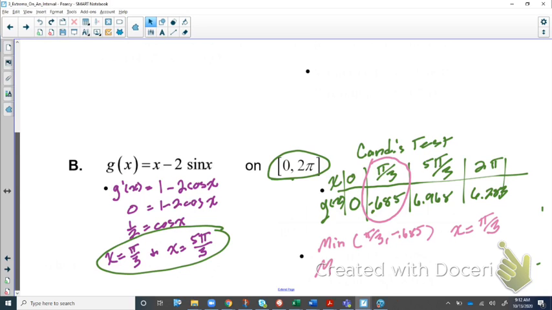For the maximum, the biggest number is going to occur at 5 pi over 3. As a point, I could say (5 pi over 3, 6.968). Or if I just look for the critical number, I can say I'm going to have a maximum on this particular function when x is equal to 5 pi over 3.